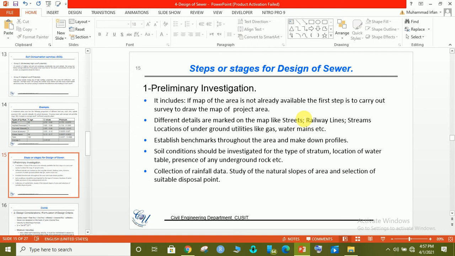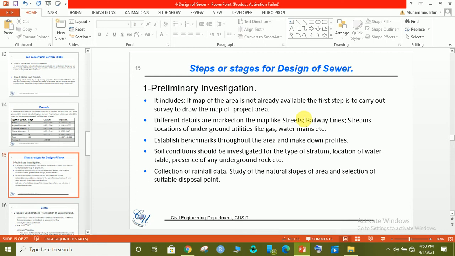Establish the benchmark throughout the area and make profiles. You can also create a benchmark for your survey, and also provide the mean sea level value to that benchmark.